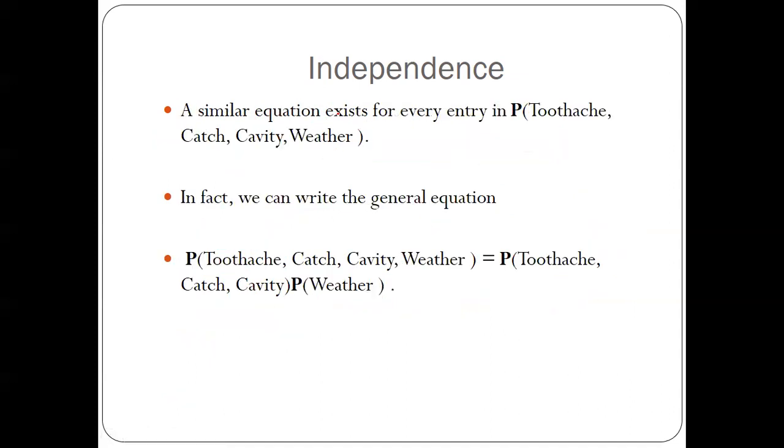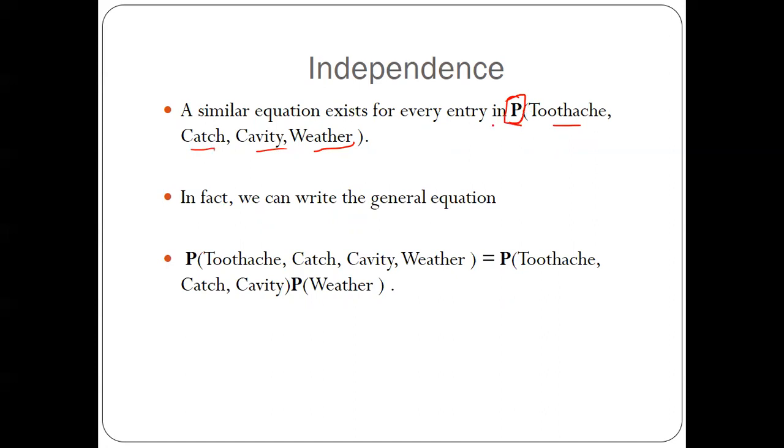So this can be written in a generalized way, something like this. A similar equation exists for every entry. So we can now represent using this bolded P of toothache, catch, cavity, comma, weather. Right, now here we are using the weather variable. So you know that this bolded P will provide a vector of values.